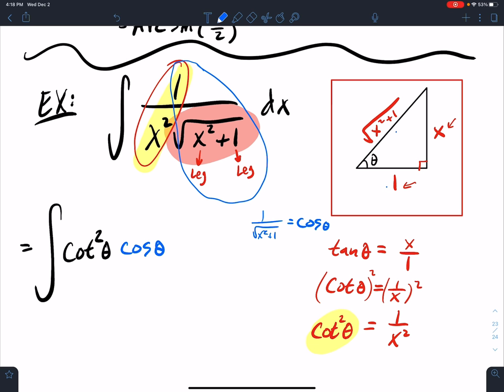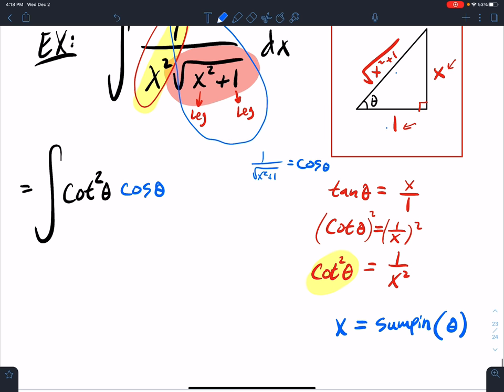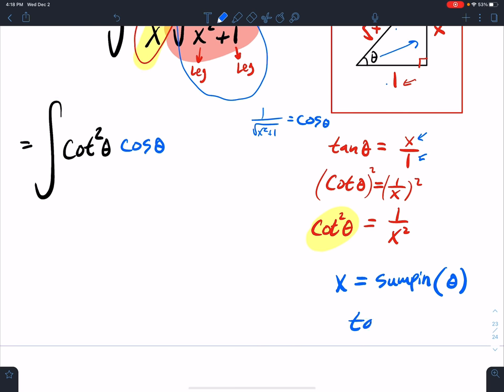I need to do my substitution, so I need x equals something in terms of theta. Trig says the tangent of theta is x over 1, so tangent theta is my something function. So dx is going to be the derivative of tangent theta d theta, which is secant squared theta d theta. So I'm going to replace my dx with secant squared theta d theta.